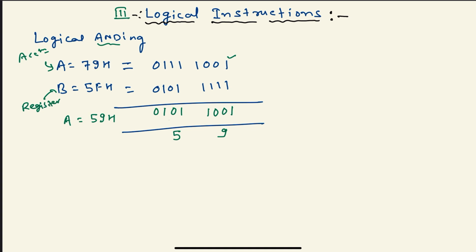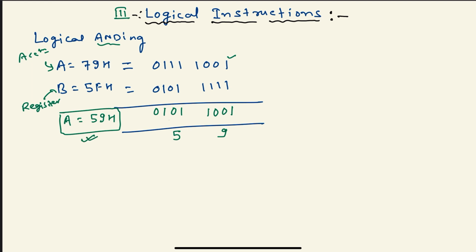After performing this logical operation, the result is stored into the accumulator itself without making any change to the specified operand, whether register, memory, or immediate data. The second operand specified in the instruction does not change anywhere. What changes is the accumulator content, which is replaced by the result obtained after the logical operation, as in this example, 59H.